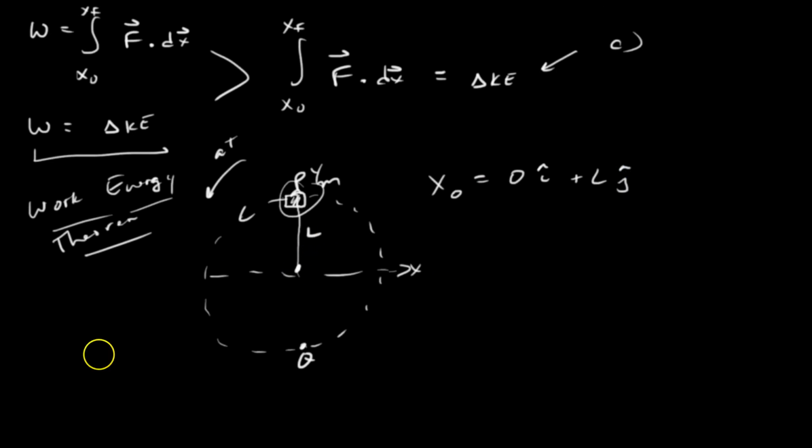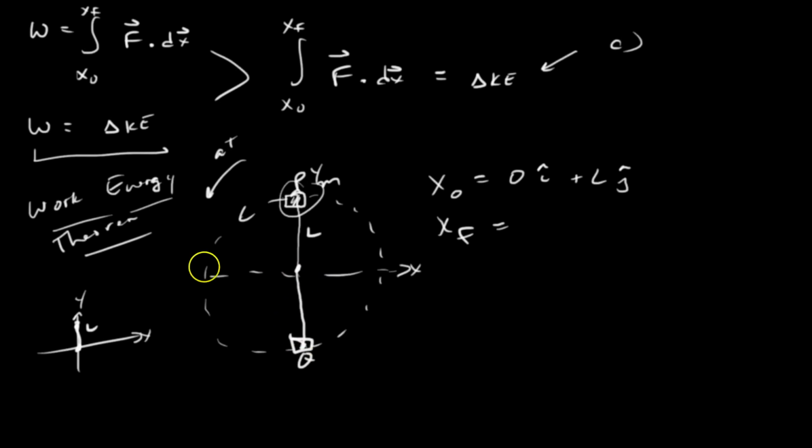Because you see, if we draw some axes here, x and y, we see that this thing is centered at the origin and it goes up a distance L. So it has L in the j hat direction, and it has no components in the x, since this whole thing is submersed in the y-axis. So this is its initial position. Now its final position is going to be when it's over here. Okay?